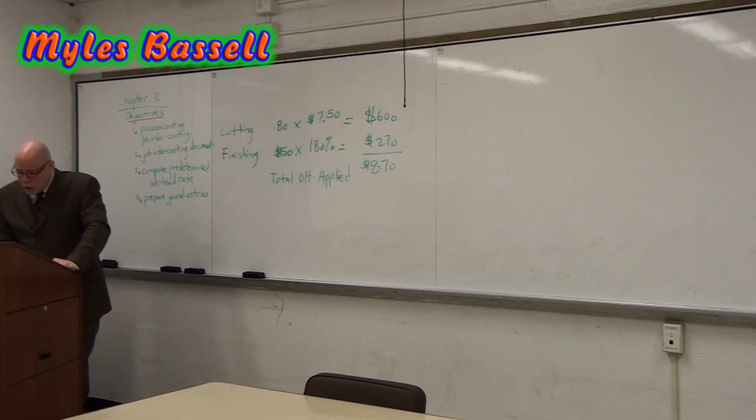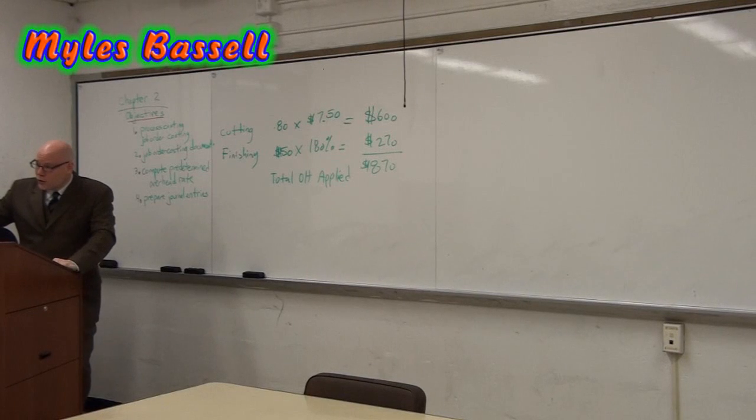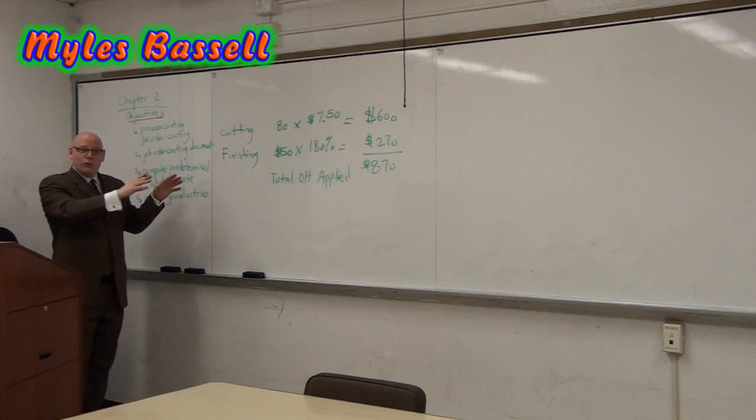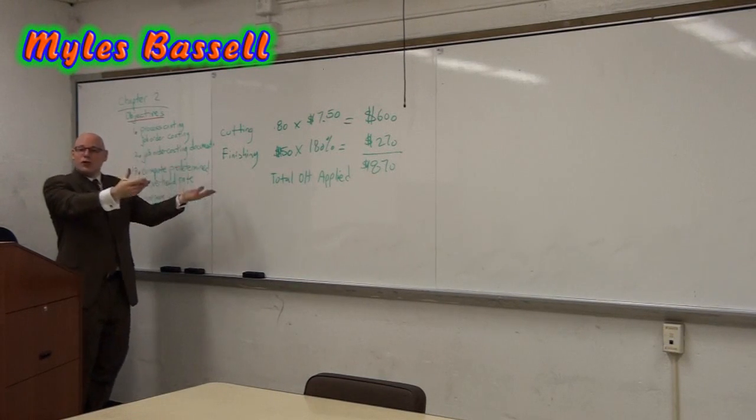But we also need to debit cost of goods sold $480,000 and credit finished goods $480,000. So we went from raw materials inventory to work in process to finished goods, to ultimately what we did with the schedule, which was the cost of goods sold.